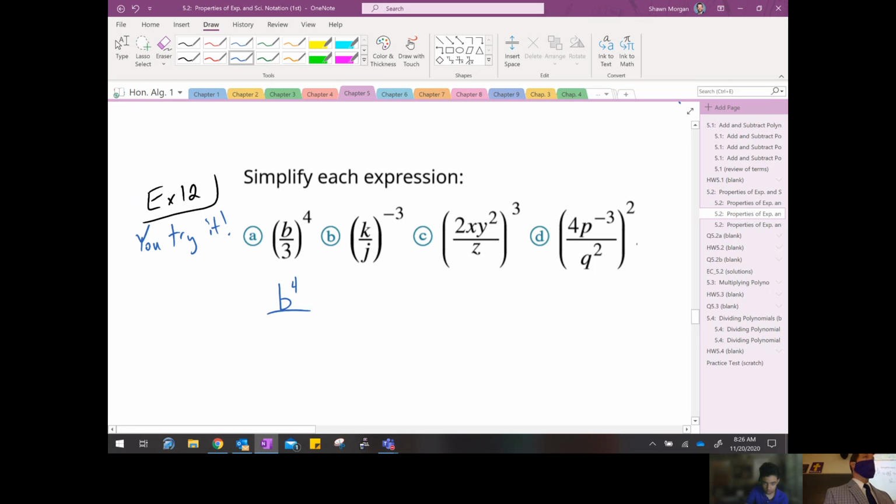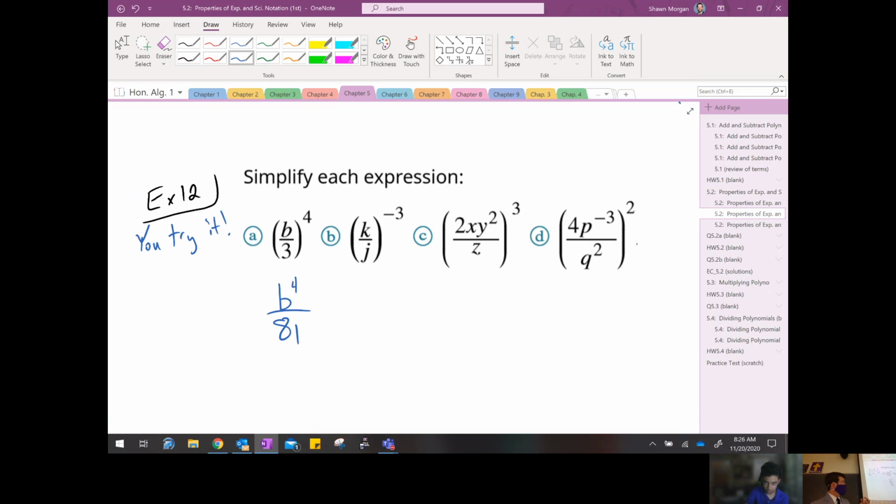And then how about 3 to the 4th? You got that one memorized? What's 3 times 3 times 3 times 3? That a boy. An easier way, by the way, would be to split it up 2 and 2. 3 times 3 is 9. 3 times 3 is 9. 9 times 9 is 81. So in other words, we just apply that 4th power to the top and to the bottom, okay?